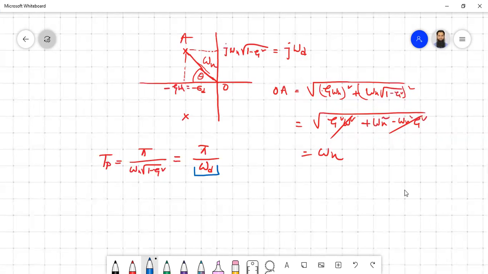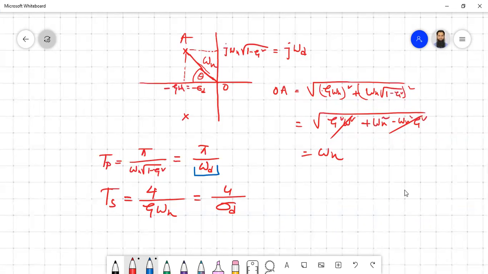Next thing is the settling time. Your settling time, the approximate version of it, is 4 by zeta omega n. What is zeta omega n? Zeta omega n is nothing but sigma d. So the real portion of your pole location is related to the settling time.